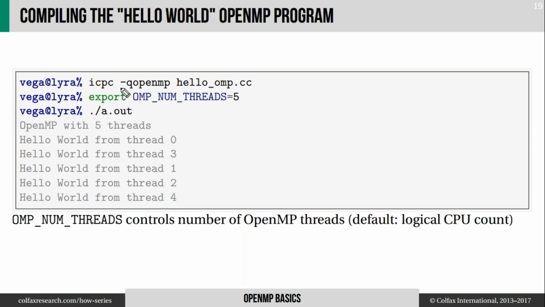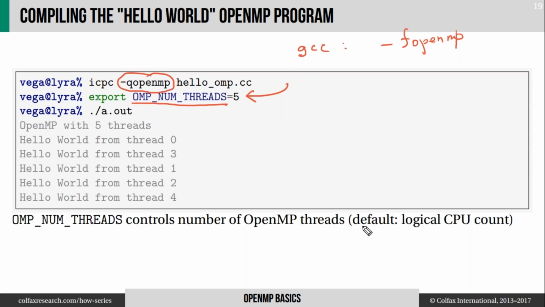To compile an application that uses OpenMP, with Intel compilers you have to use the argument -qopenmp. If you use GCC, the argument is -fopenmp. To control how many threads you want to use in your parallel regions, you can insert directives in the code, or you can globally control the number of threads with the environment variable OMP_NUM_THREADS.